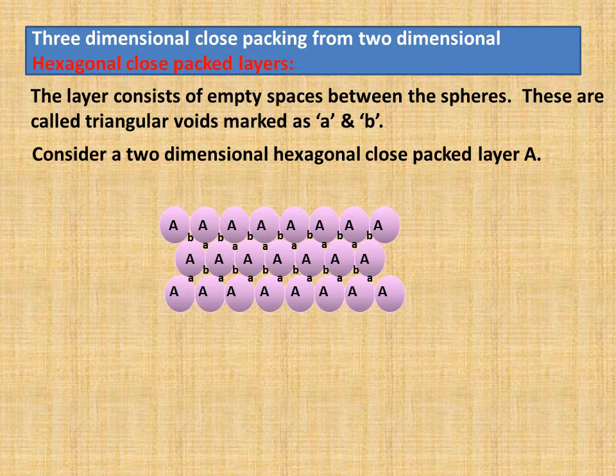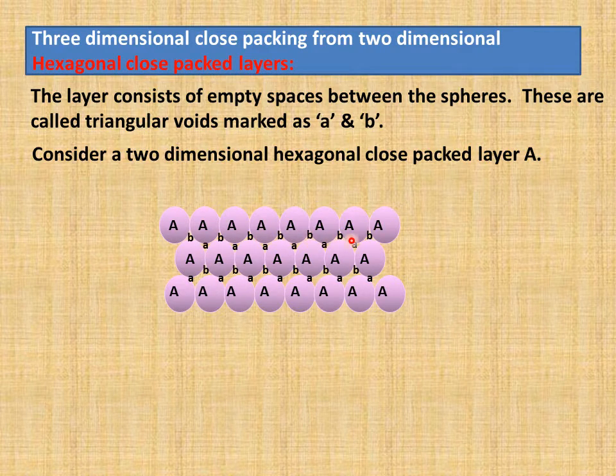By arranging in such a way, what do we obtain? We obtain a hexagon around any sphere. Therefore, this type of arrangement is called hexagonal close packed layers. What should be our observation here? The observation must be the spaces. Delete all these alphabets from your mind and imagine only the space.